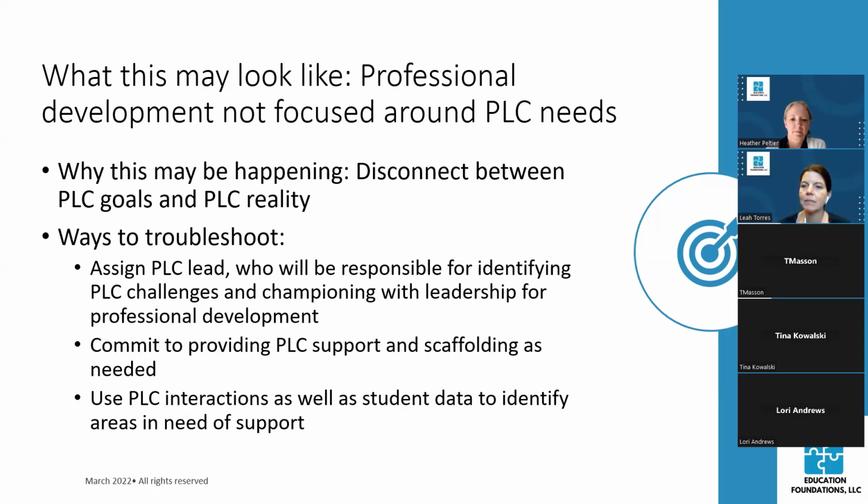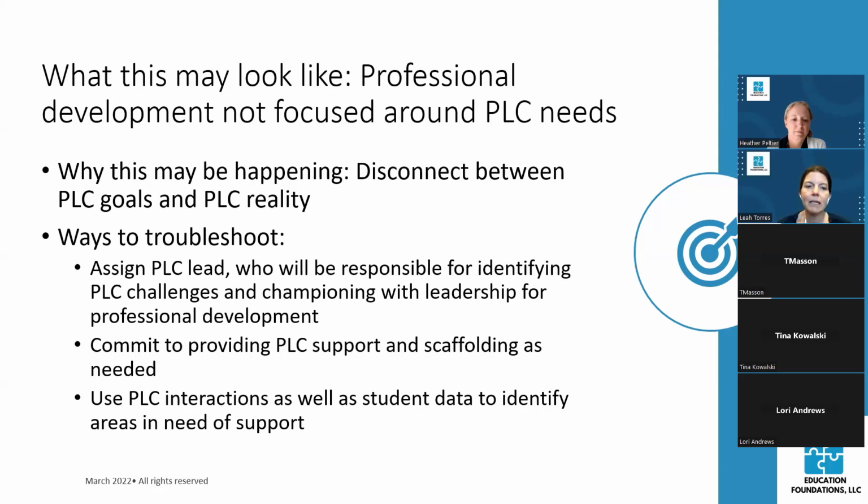And then at times the disconnect turns into almost like discontentment that can just cause more problems. Well, we had to go to this professional development, or we had this conversation, but it's really not helping me in my classroom, and it's really not helping my team out. And so then it just becomes a place where teachers can get more frustrated with the PLC process and then not want to be part of the PLC process.